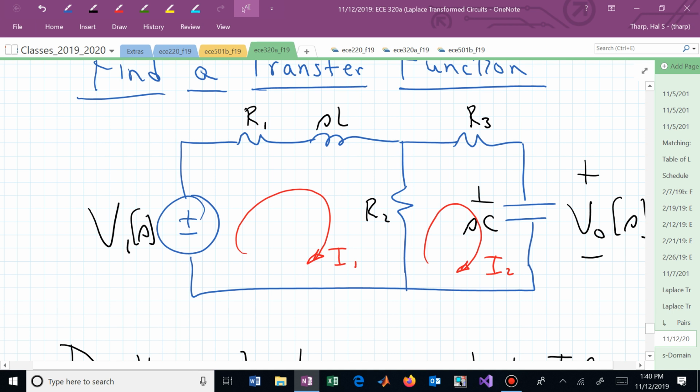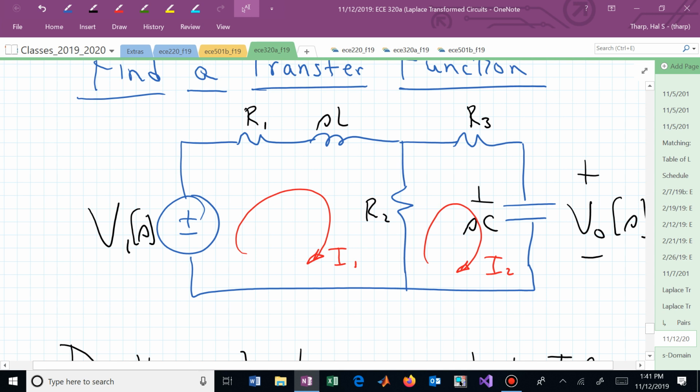I'm sort of asking, what's the transfer function look like between V1 and V sub 0? Generically, how many poles would you expect? Or what's the order of that transfer function? Or how many energy storage devices do I have?